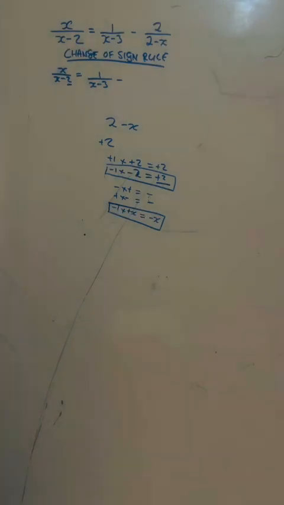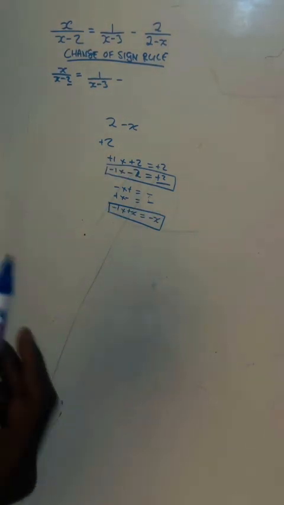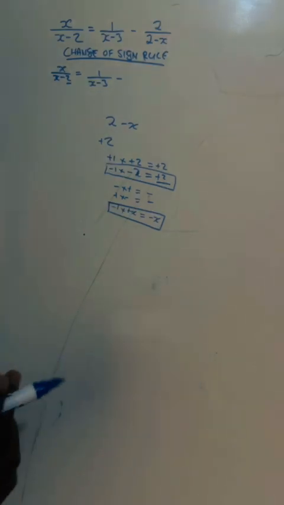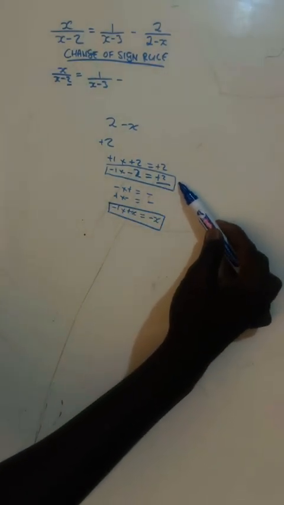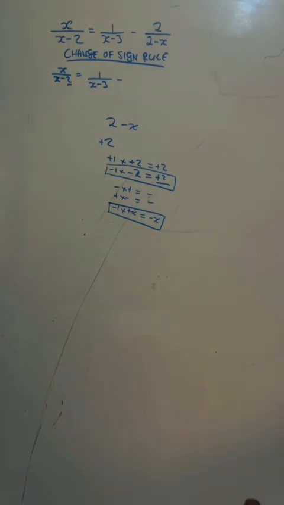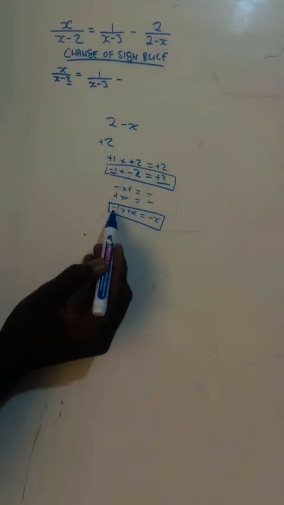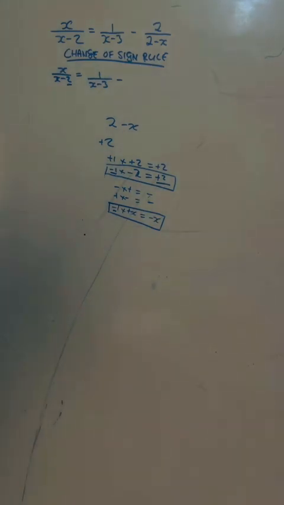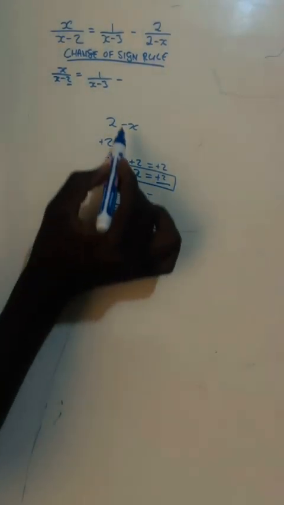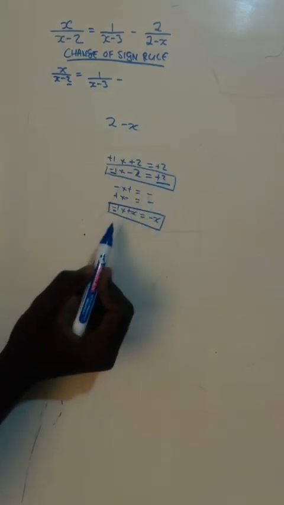Now, remember, when we are factorizing, we look for the common factor. What do we find under the factors of positive 2 and the factors of negative x which is familiar? We find that we've got a negative 1 here and a negative 1 there. So from this 2 minus x, we are going to factor out the negative 1.